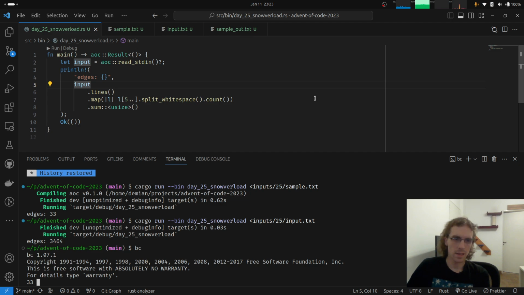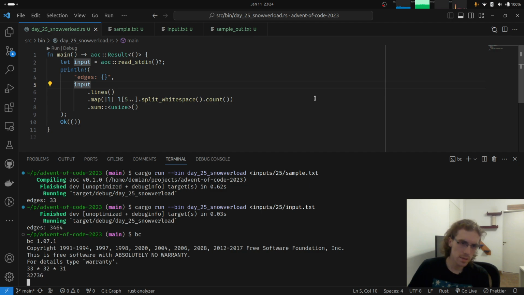The first edge can be any of 1 out of everyone. The second one can be 1 out of 32, and the third one should be 1 out of 31, and this is this number. Okay, I think this is the same as 3 choose 33.